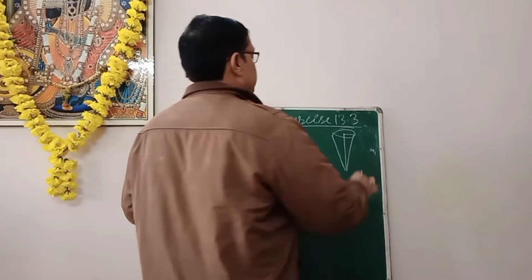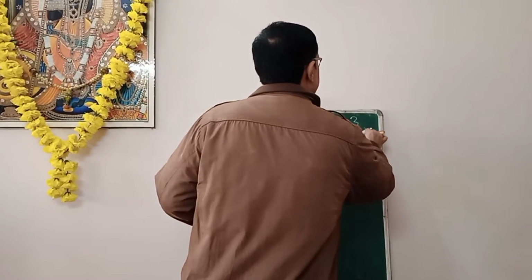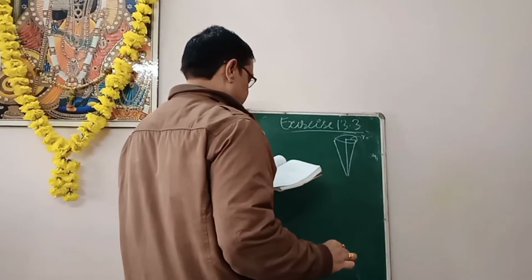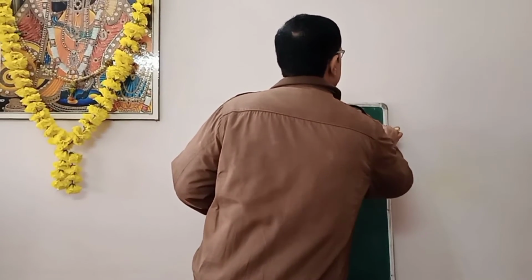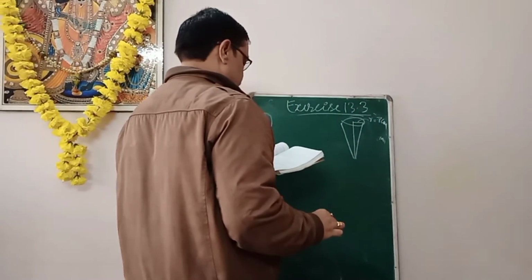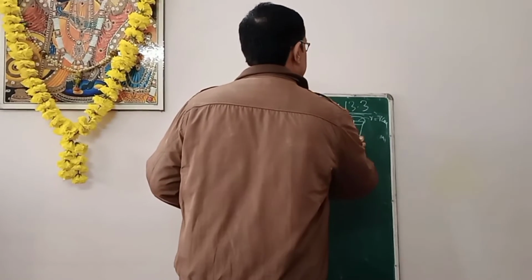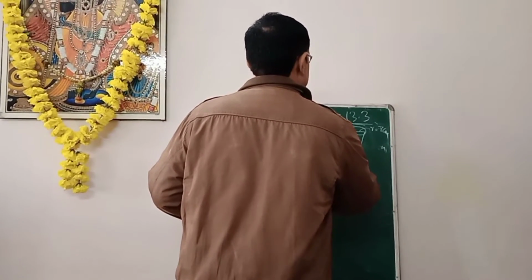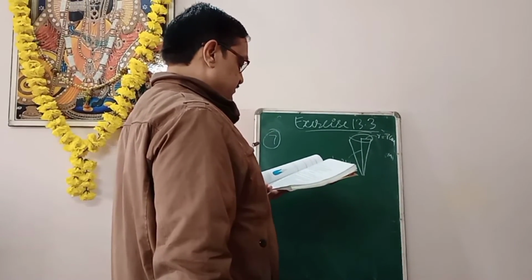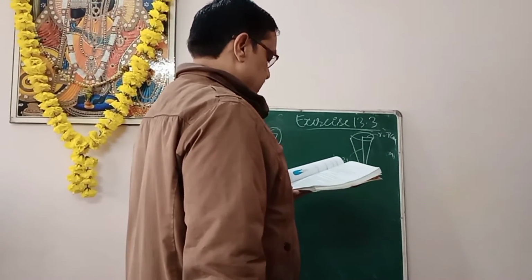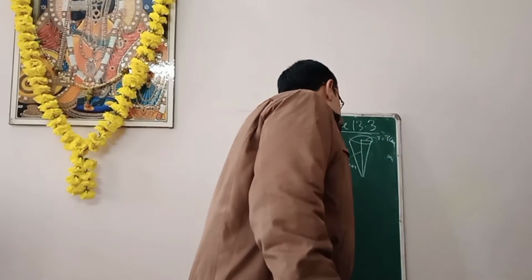Cone base radius, this R is given as 7 cm. Okay. Height, this H is given as 24 cm. And we need to make 10 such caps.